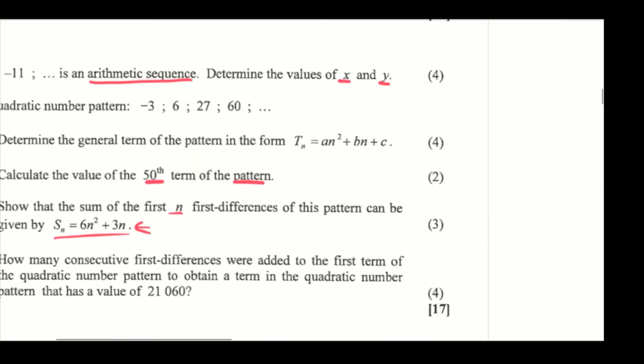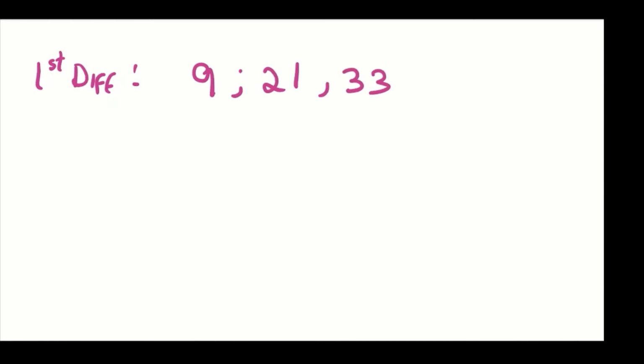So what this means is we need to remember that the first difference of the sequence, which was found to be 21, the first differences of the sequence are 9, 21, and 33, right?